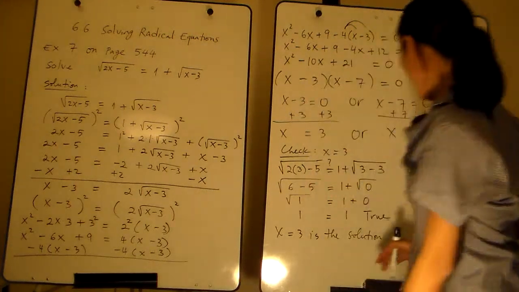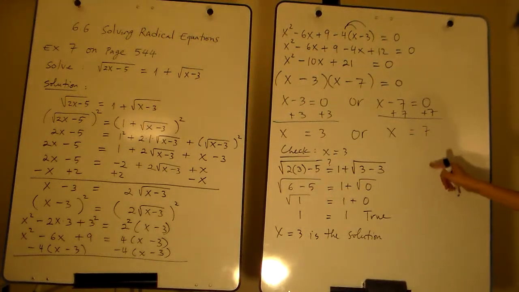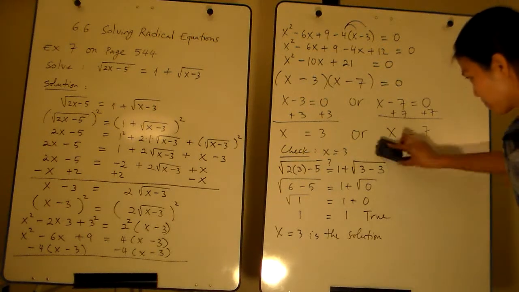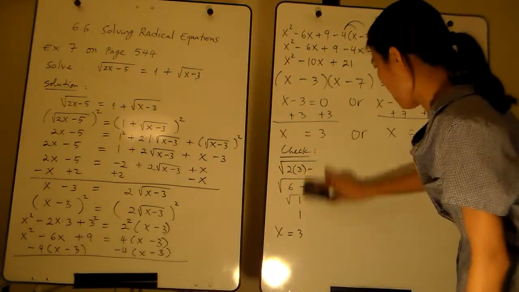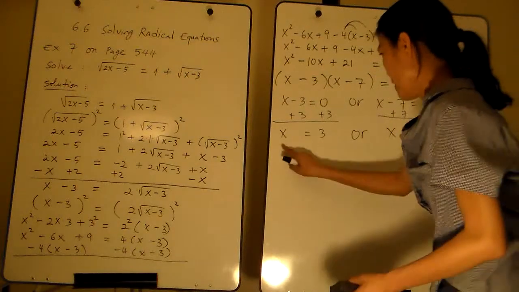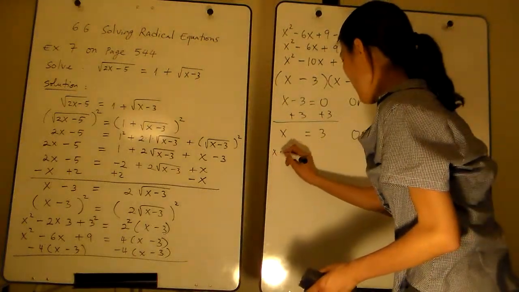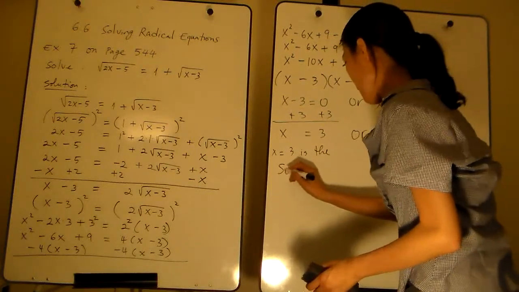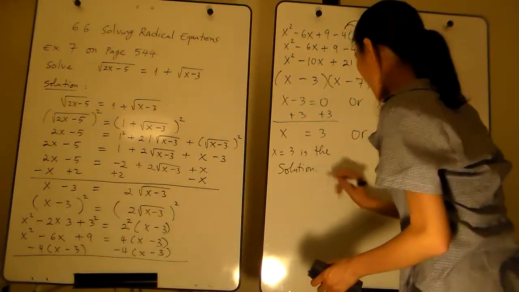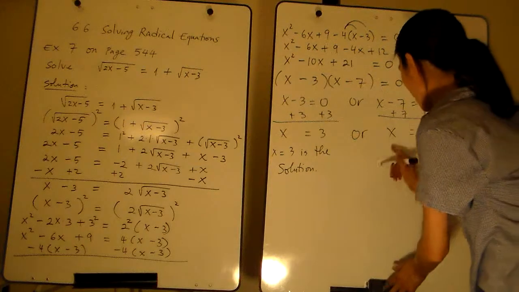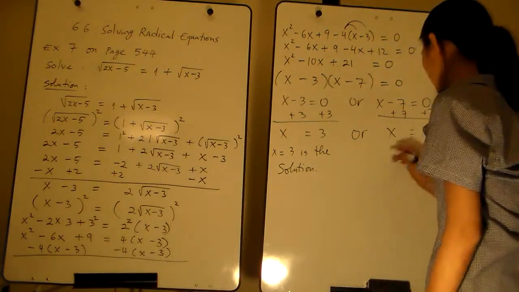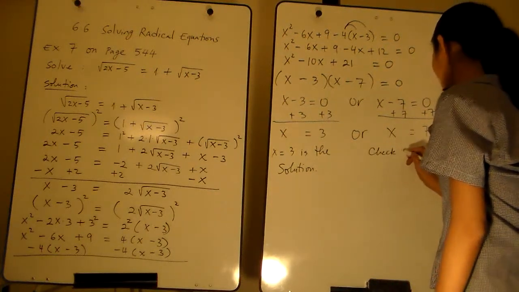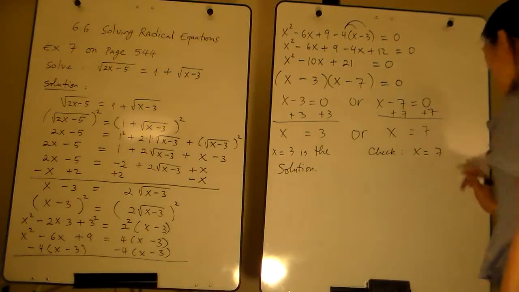Okay? Now, don't forget to check x equals 7 also. So I'm going to erase this and make space. So we know that x equal to 3 is the solution. Okay, now let's check x equals 7.